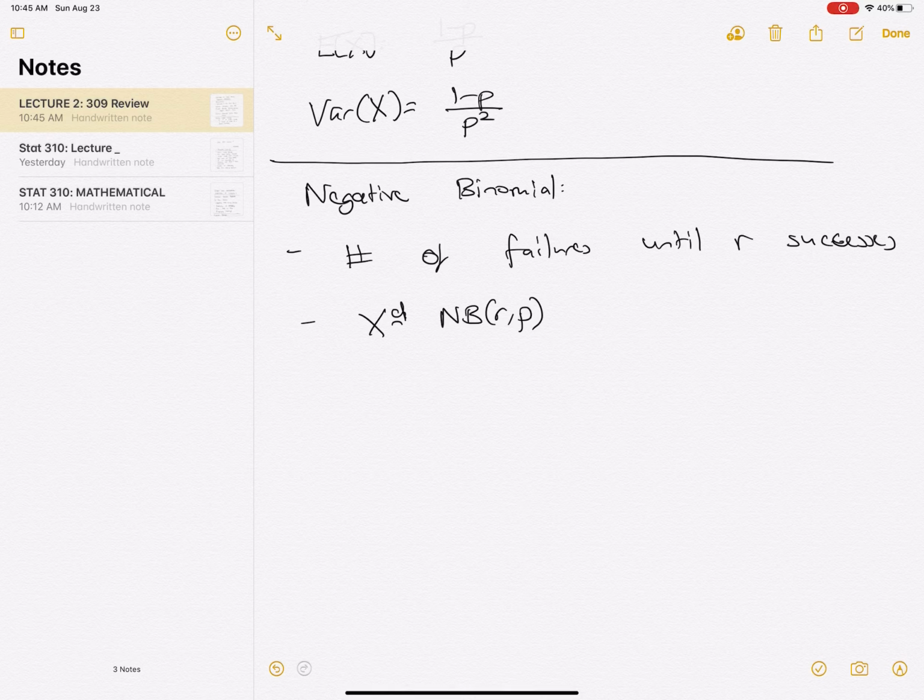One key thing to point out is, can you potentially see a relationship between the negative binomial and any other distribution? The geometric is the number of failures until 1 success, and here we're counting the number of failures until r successes.